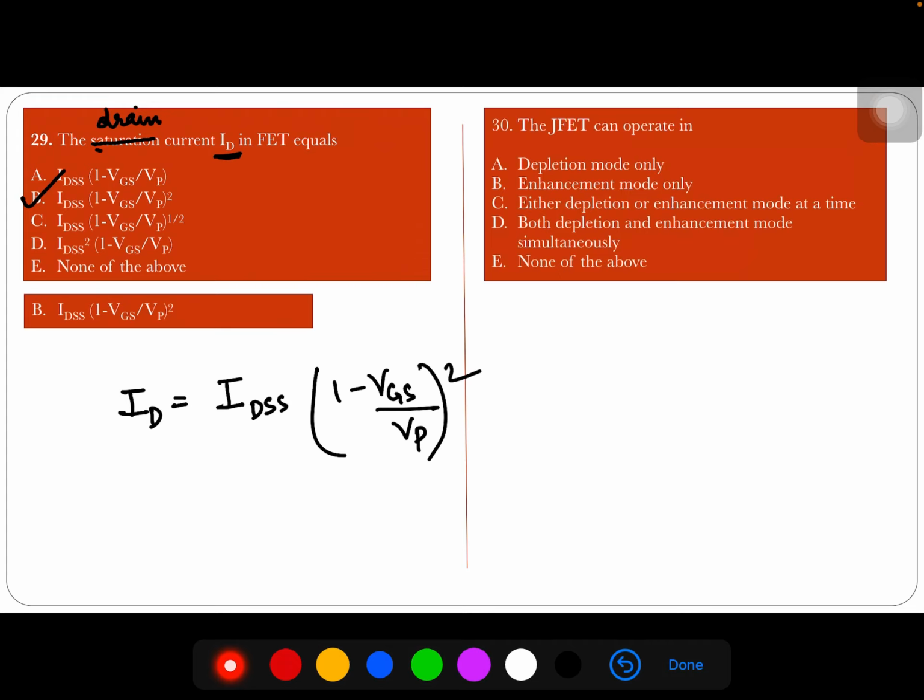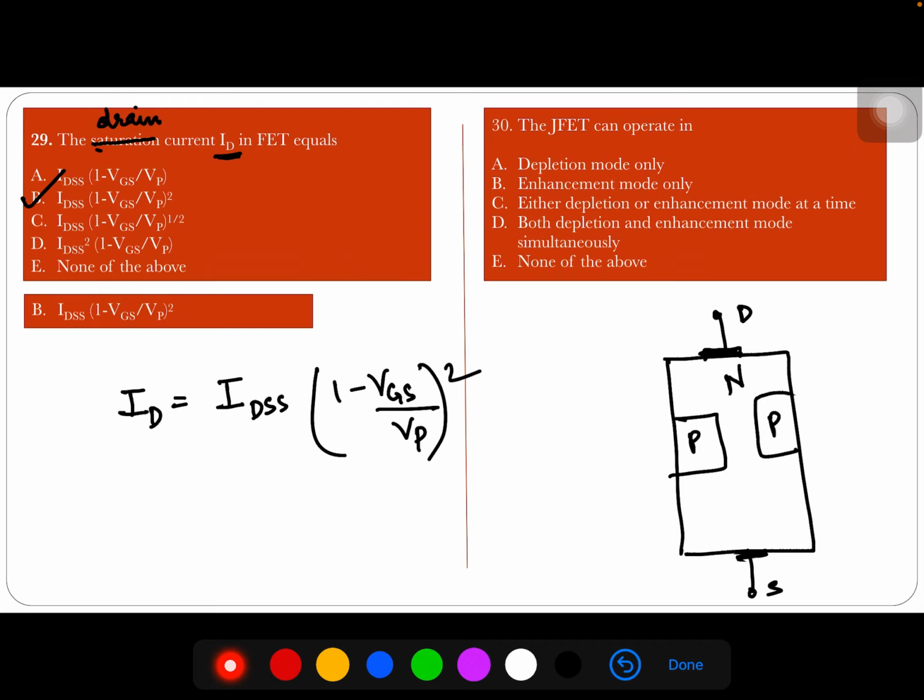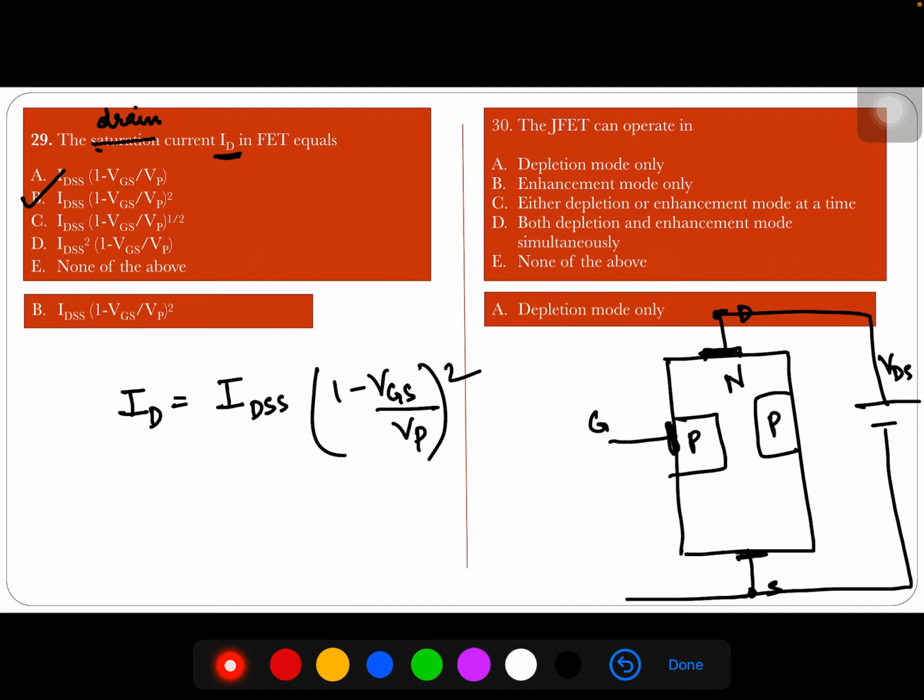Next question, the JFET can operate in. As I showed you the structure of JFET, let me discuss it again. This is drain, this is source. I am referring to an N channel. The gate source junction will always be reverse biased, okay? And VDS will always be positive for N channel. So VGS can be only reverse biased. There are three cases of operation.